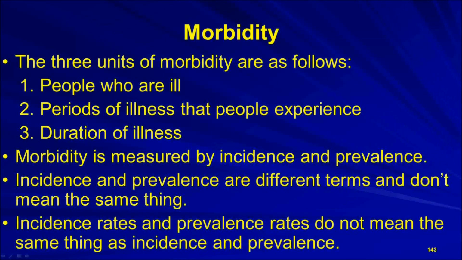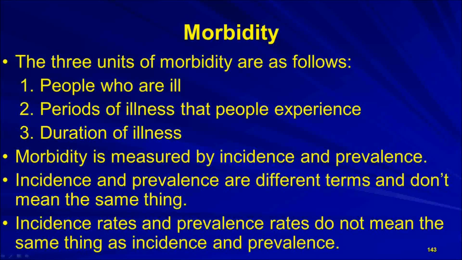Morbidity. Generally, there are three units of morbidity: people who are ill, periods of illness that people experience, which can happen more than once, and the duration of the illness, how long it lasts. And morbidity is measured by incidence and prevalence. Incidence and prevalence are not synonyms. They don't mean the same thing.